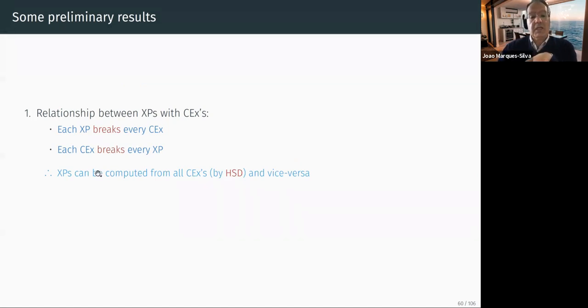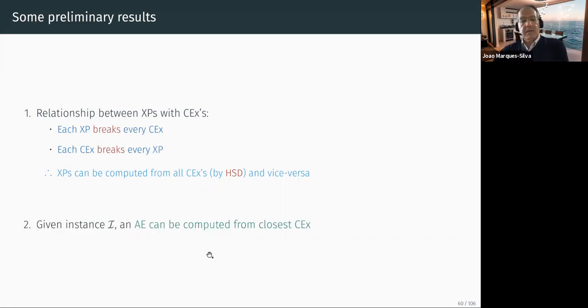Of course, usually it will be much easier to compute explanations from counterexamples, not for decision sets, but for example for neural networks. Given some instance, we can compute adversarial examples from the closest counterexample. If I have a counterexample, then I can find an adversarial example, meaning I need to specify all the literals such that I get a different prediction.